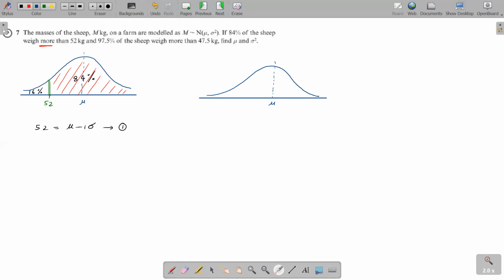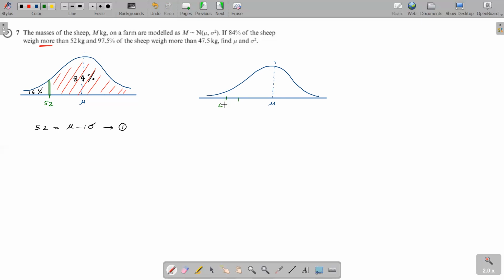So you need to realize that 97.5% of the sheep weigh more than 47.5. So definitely 47.5 is even behind 52, isn't it? I mean, 52 was over here, so 47.5 should be further behind 52.